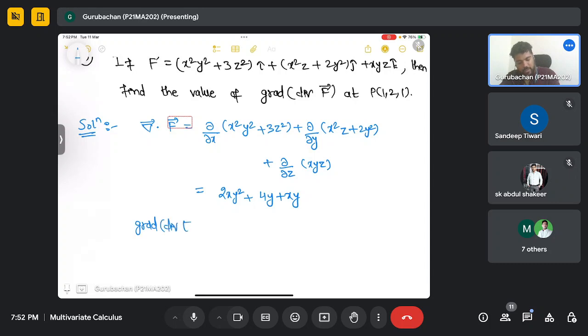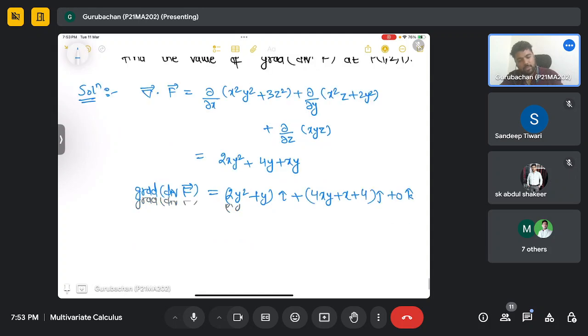Okay. Now grad of divergence of f will be del by del x of this particular quantity. So I would write directly. Del by del x will be 2y square plus y i cap plus 4xy plus x plus 4 j cap plus 0 times k cap.